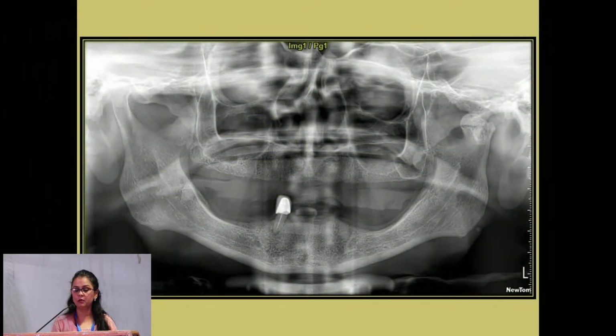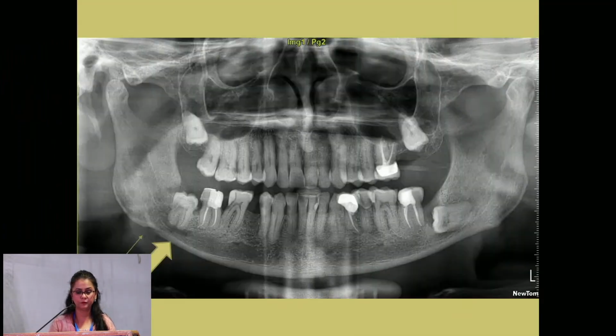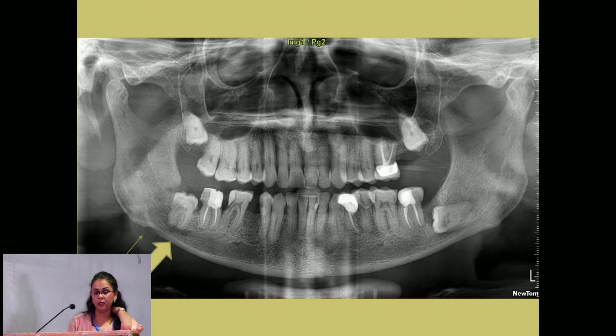Condylar fracture, superimposition of the left condyle. Now this is a case that actually had come to me, and I just see a little bit of step formation here. The patient was being treated for this extraction without going for a CBCT. And the patient came with a huge swelling, and the extraction had failed.